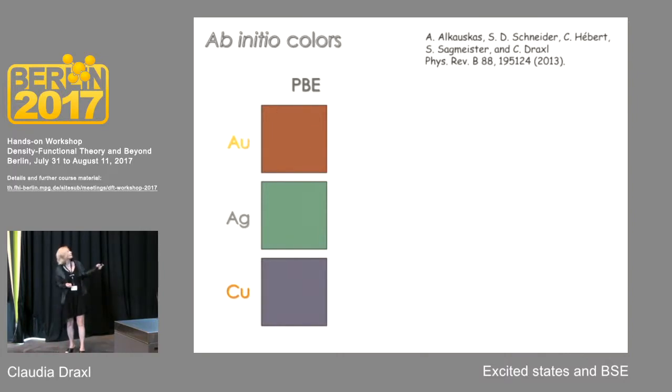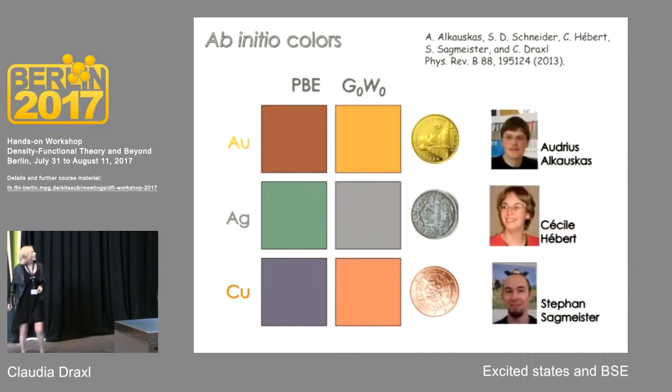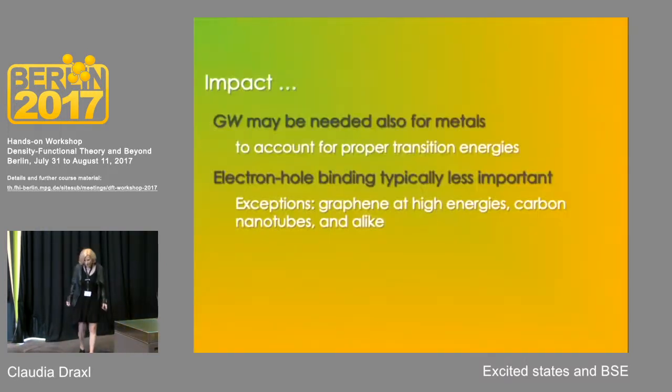This would be gold, silver, and copper computed with the PBE band structure. If you do better, if you do GW, then you not only get the right transition onset, but obviously also the right colors. So what we learned is that GW may even be needed for metals, just to give you the right transition onsets.